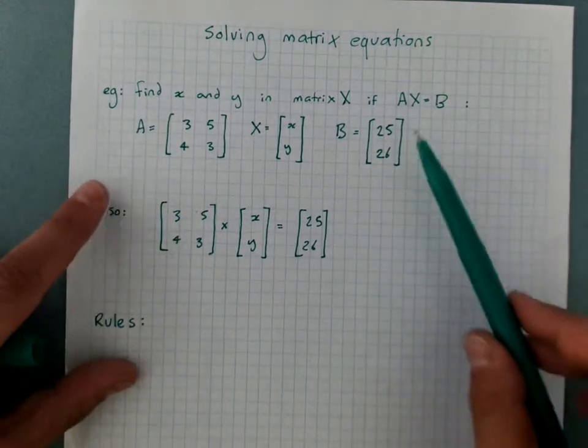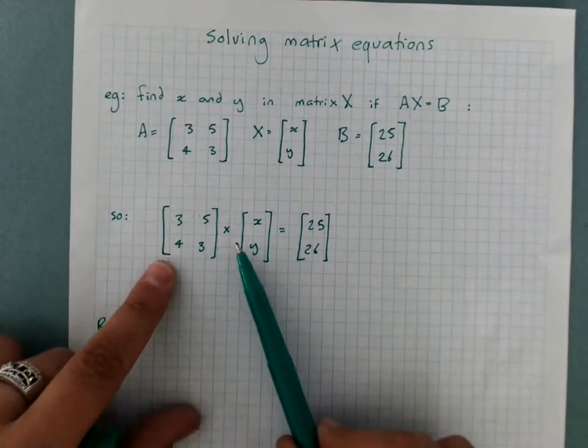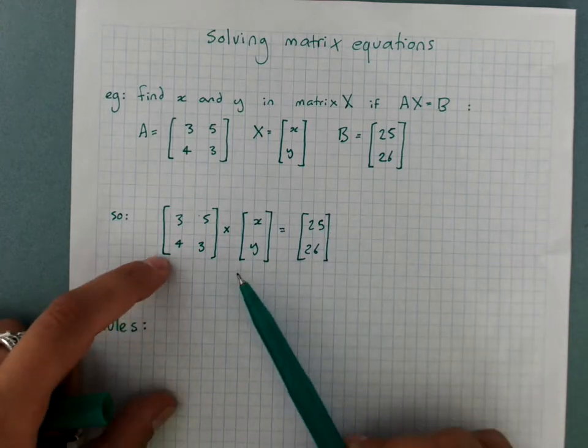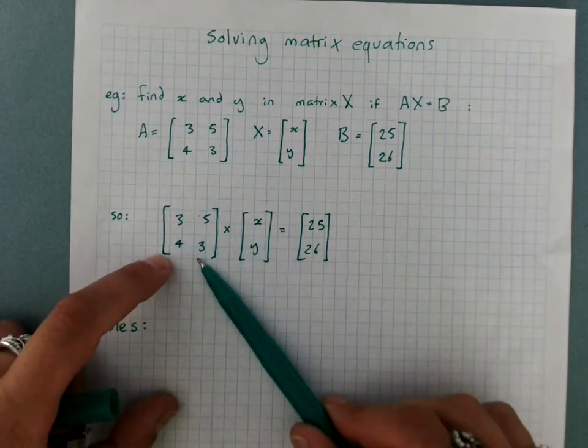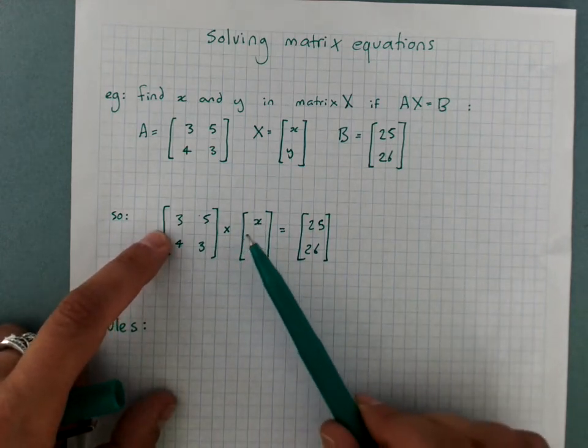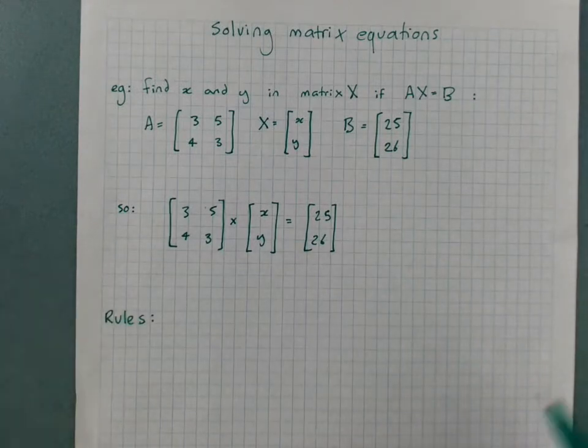And that's exactly what we do here. This times the unknown is our answer. But I can't just go, okay, I'll divide by this. I need to do the opposite of multiplying by this matrix, which is multiplying by the inverse.